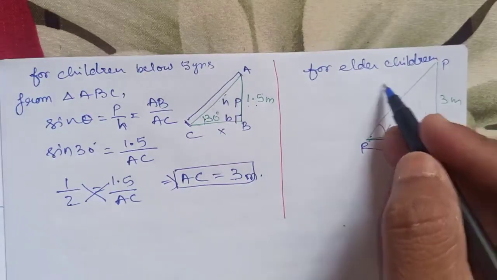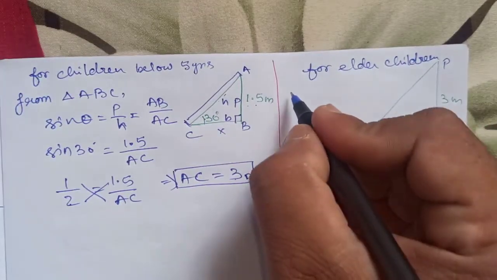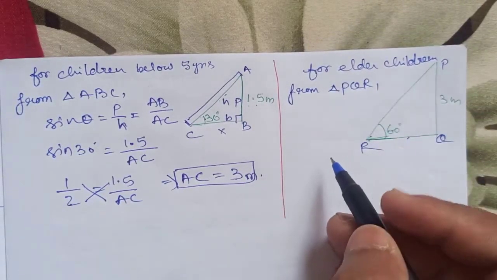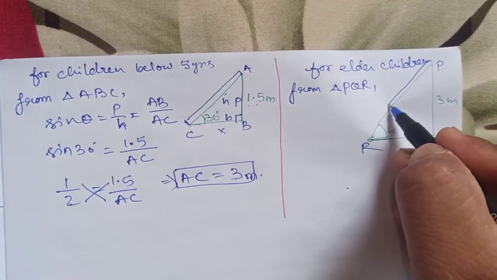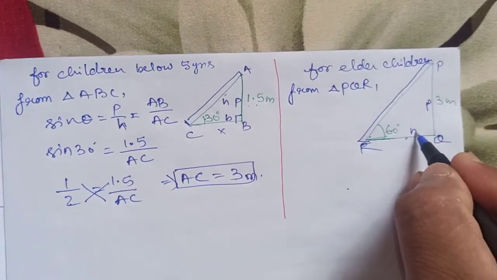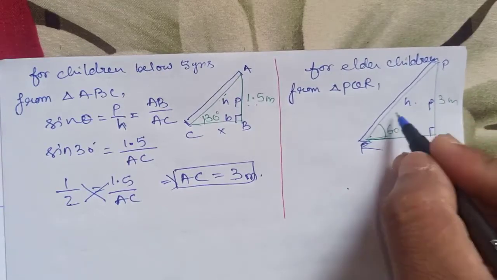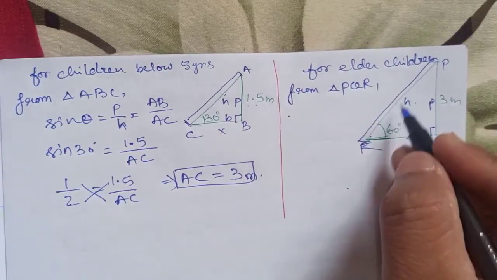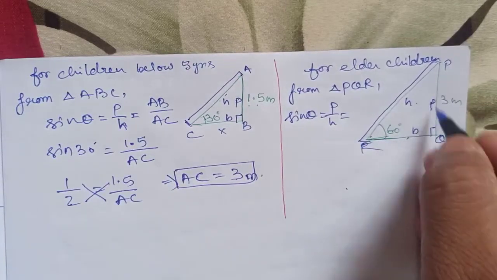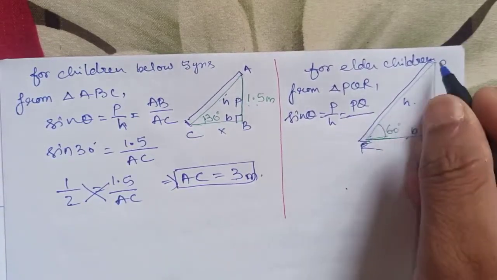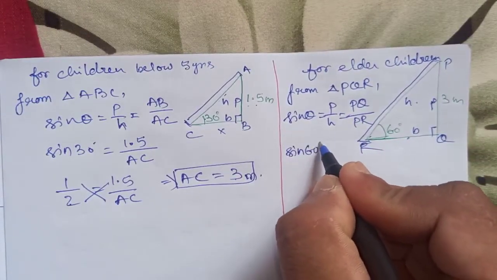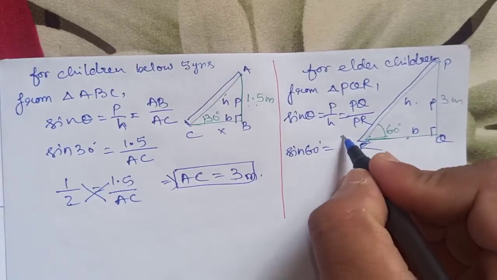Okay, similarly for the second diagram from triangle PQR, this is the slide. So length of the slide we are finding out. Again P, B and H, so P by H again we have to take. From triangle PQR, sin theta equals P by H, where perpendicular is PQ and hypotenuse is PR. Sin 60 degree equals PQ is how much? 3.